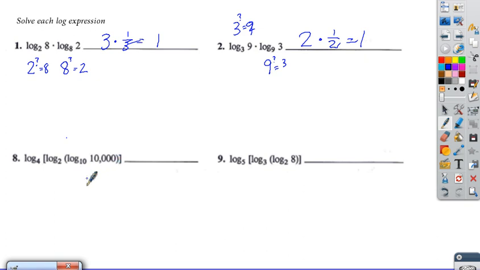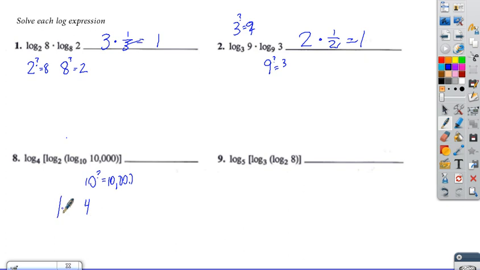So 10 to what power would give us 10,000? Now log base 10 obviously is one that you could use your calculator for if you're unsure of that. But you could also just, if you understood the metric system, it would be pretty easy to know that there's 4 extra zeros here from 1, so we end up with 4.